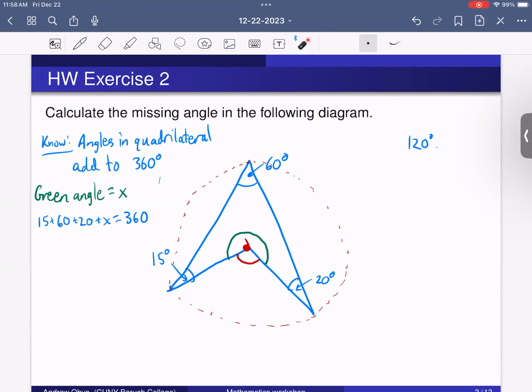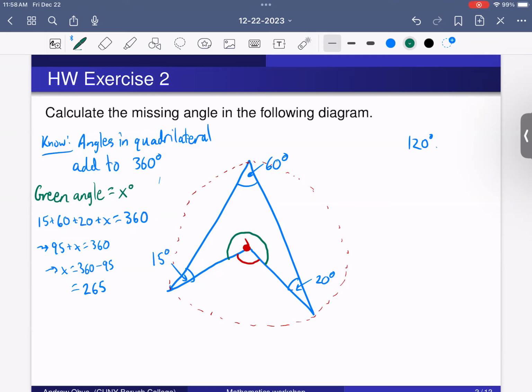When you solve this, you get 95 plus X equals 360. Then X equals 360 minus 95, which equals 265. So the green angle is 265 degrees.